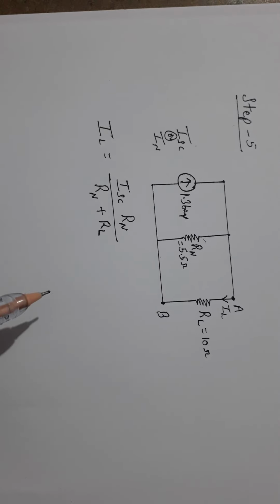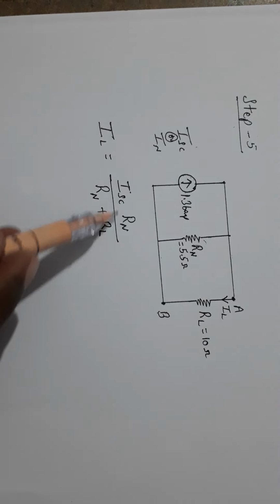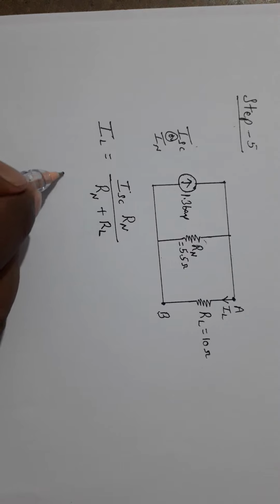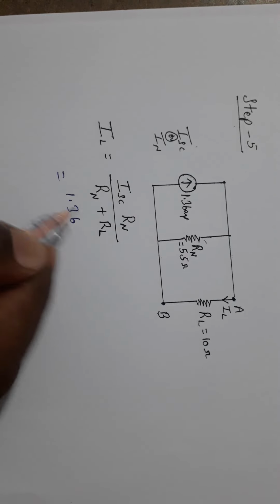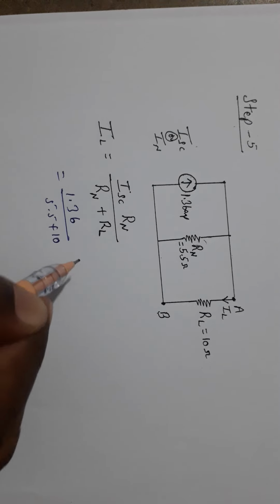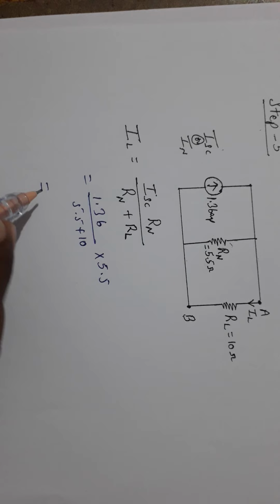So the load current IL equals ISC into RN divided by RN plus RL.